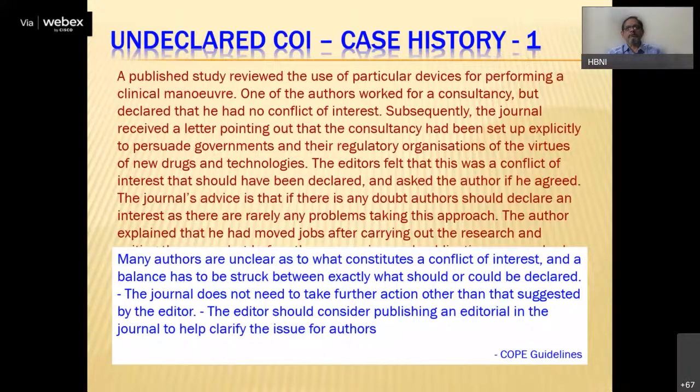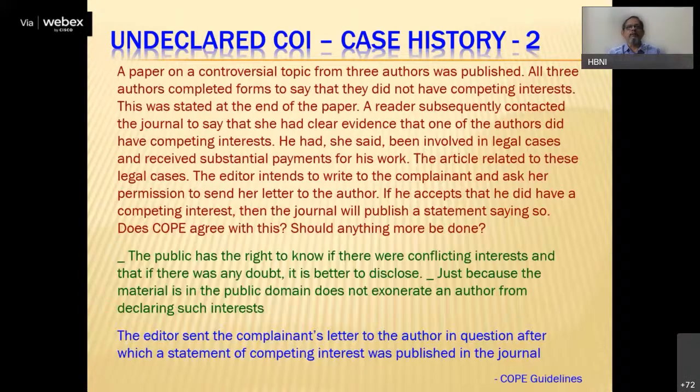One possibility is for the editor to clear the air by publishing an editorial in the journal to help clarify the issue for authors who may have doubts or may not know what exactly a conflict of interest should constitute. That would go a long way in helping authors know whether they should declare any particular interest as a conflict of interest. So this was one of the case histories which I had planned.